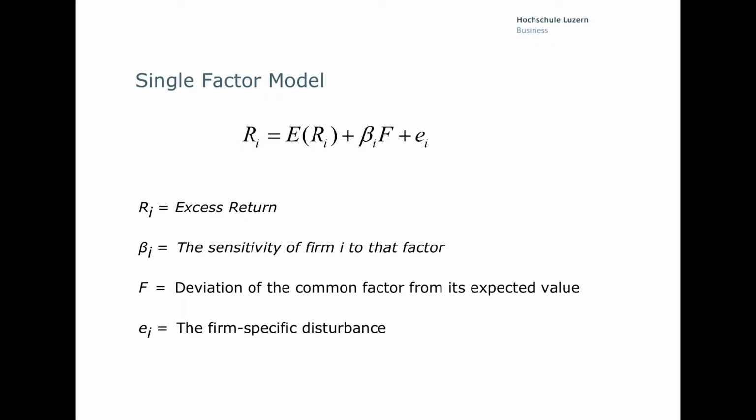Notice that if the macro factor has a value of 0 in any particular period, meaning no macro surprises, the excess return on the security will equal its previously expected value plus the effect of firm-specific events only. The non-systematic components of returns, the e_i's, are assumed to be uncorrelated across stocks and with the factor F.